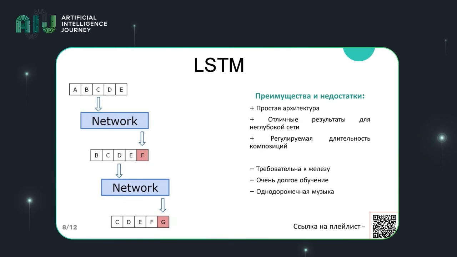You can also choose the number of notes you would like to generate, and thus create a hyperparameter that affects both the time and the quality of generation. But a negative part here is that it's quite demanding in terms of hardware and takes a long time to train.